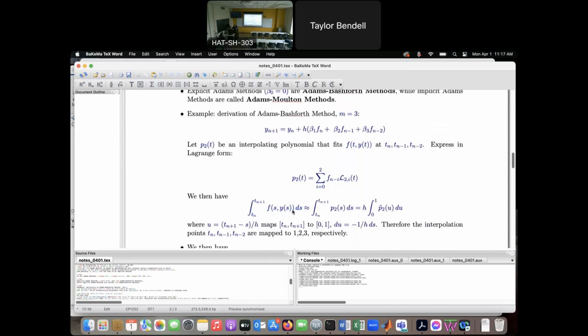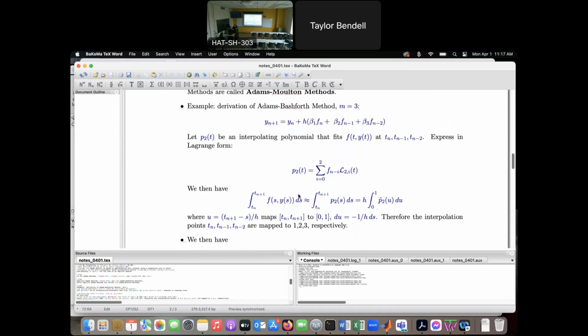This integral that comes from my exact solution that I'm trying to approximate is approximated by the integral of this interpolating polynomial from Tn to Tn plus 1. But then I make a U substitution. The purpose of this formula is that I'm mapping the interval Tn to Tn plus 1 to the interval 0 to 1.